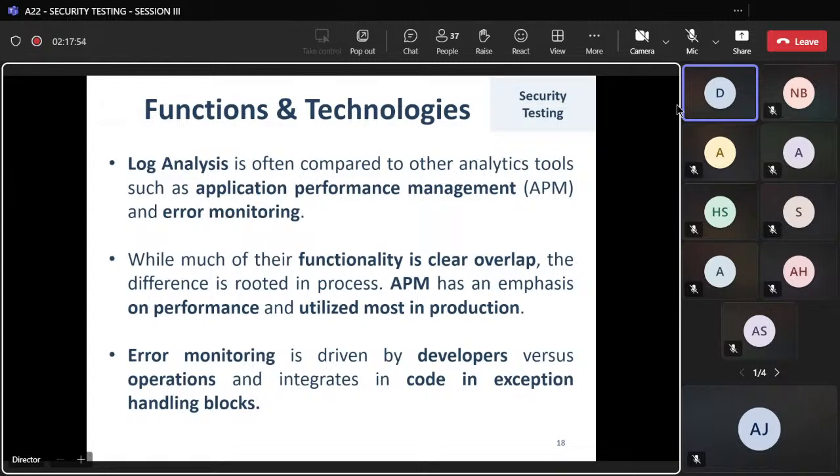Some functions overlap between log management and application performance management. But APM is more about the performance of the particular application used in the production environment. And error monitoring is driven by the developers versus operations, because they need to know how to integrate the code and handle the exception blocks.